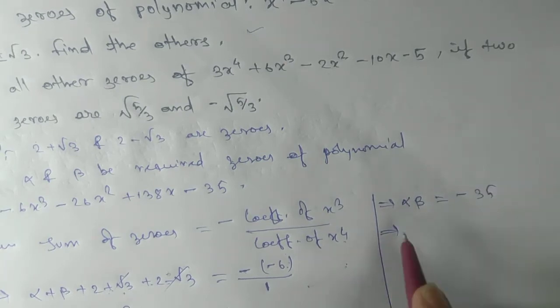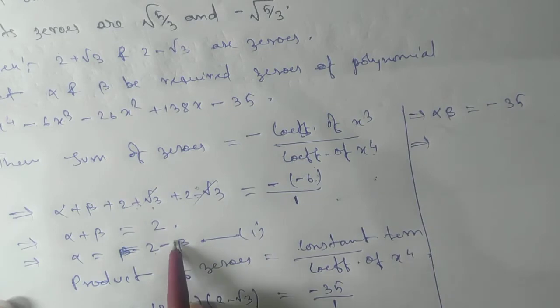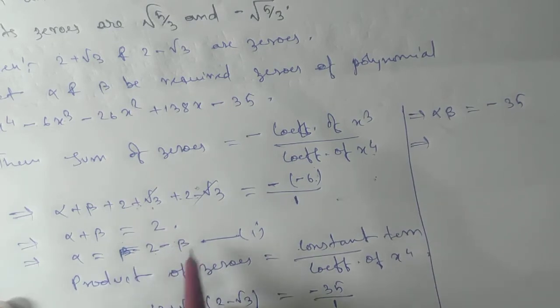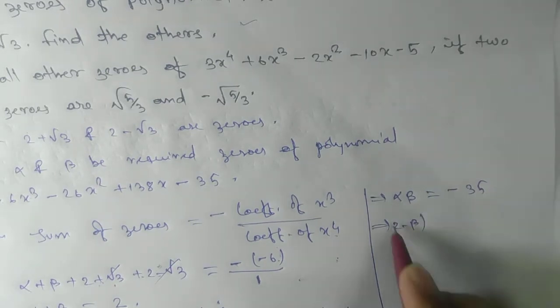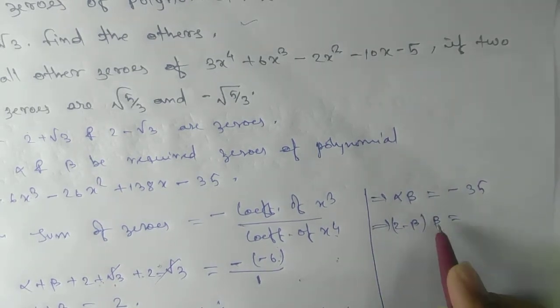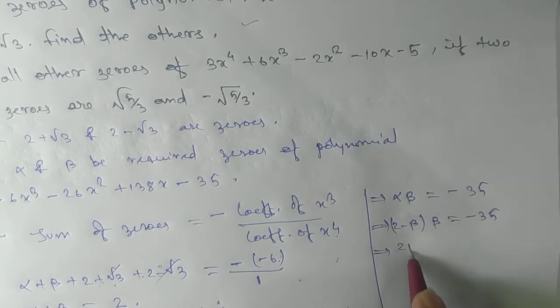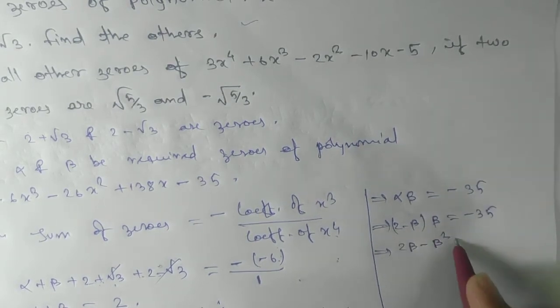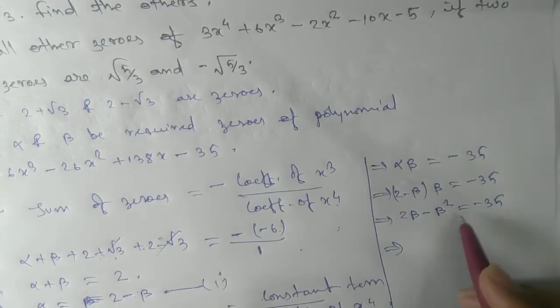So we'll substitute alpha with the help of equation 1. Alpha equals 2 minus beta, so we can write 2 minus beta instead of alpha, and here we are getting into beta equals minus 35. So multiplying, 2 beta minus beta square equals minus 35, and we take all of this to that side.